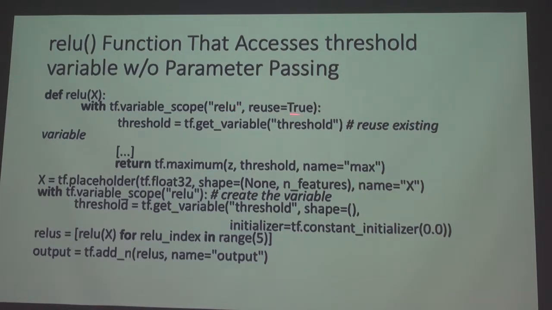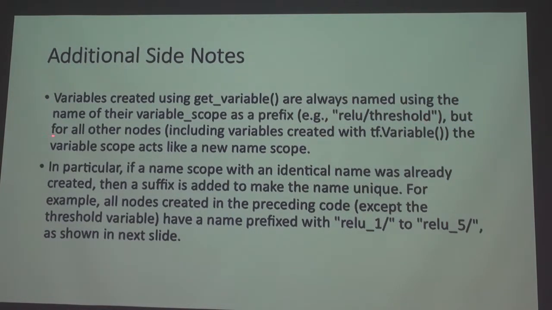But for all other nodes, including variables created with tf.Variable, the variable scope acts like a new name scope. In particular, if a name scope with an identical name was already created, then a suffix is added to make the name unique.